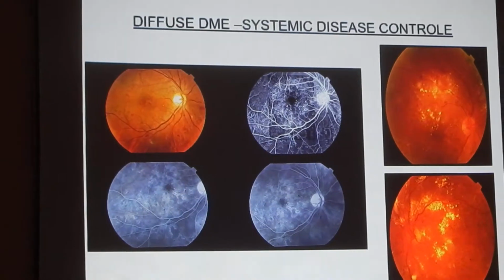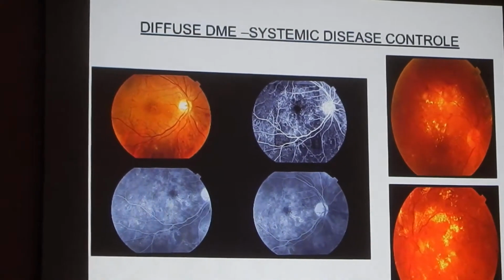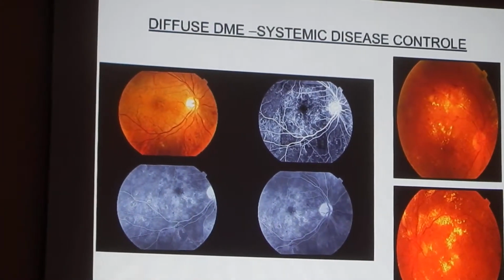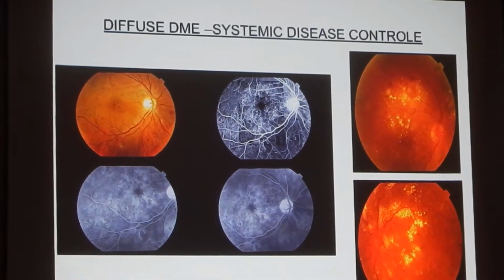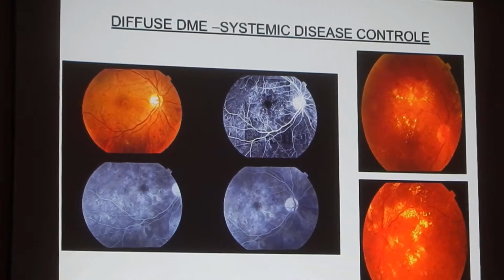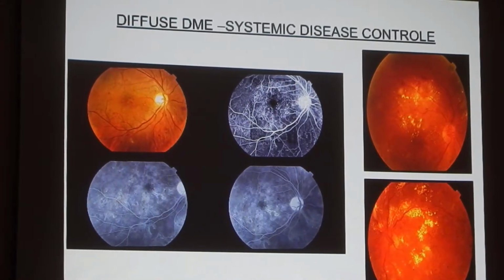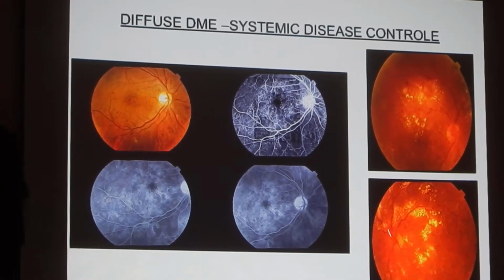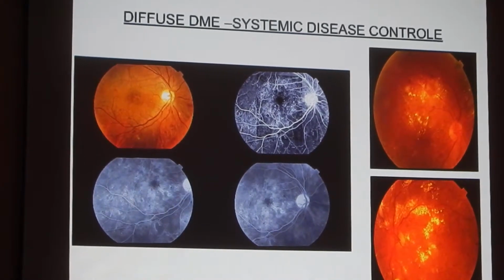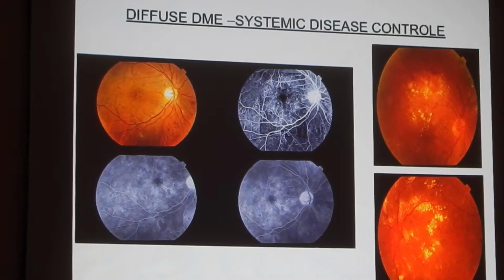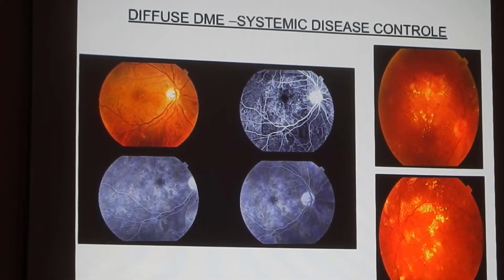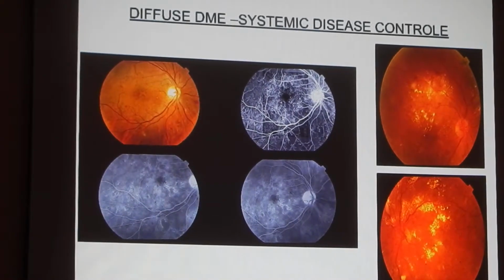Then comes the diffuse macular edema. Diffuse macular edema equals systemic disorder, uncontrolled, and this is to be noted down. This usually is not exclusively an ocular finding. See here the diffuse edema. Such types of lipids exuding, this is particularly the exudative type of retinopathy. Then where does the exudation come from?